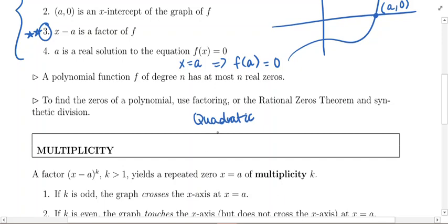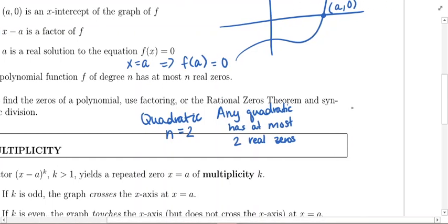We know that a quadratic function is a polynomial of degree 2. Usually we use n for degree. So what this is telling you is that any quadratic function that you encounter is going to have at most 2 real zeros or intercepts.